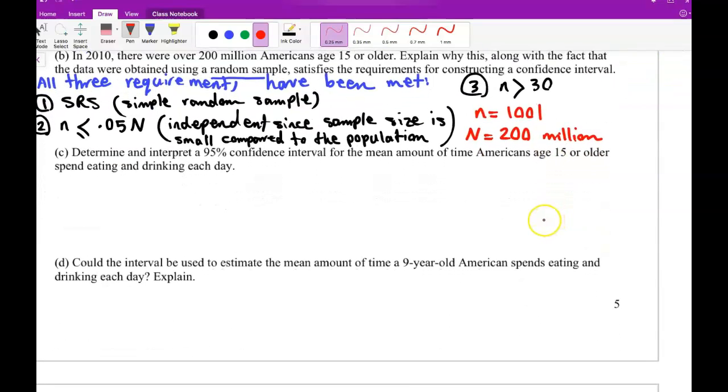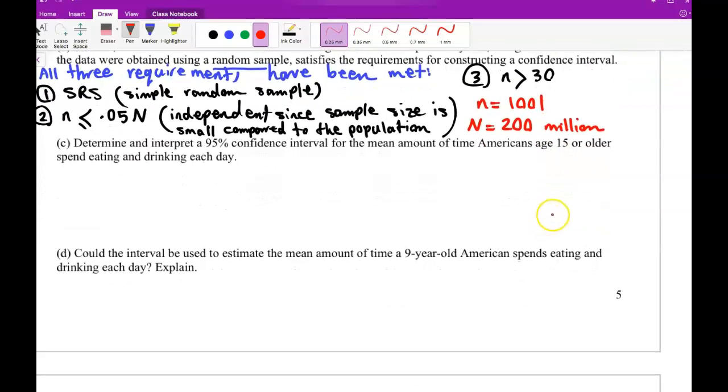Okay, now part C, determine and interpret the 95% confidence interval for the mean amount of time Americans age 15 or older spend eating or drinking each day.